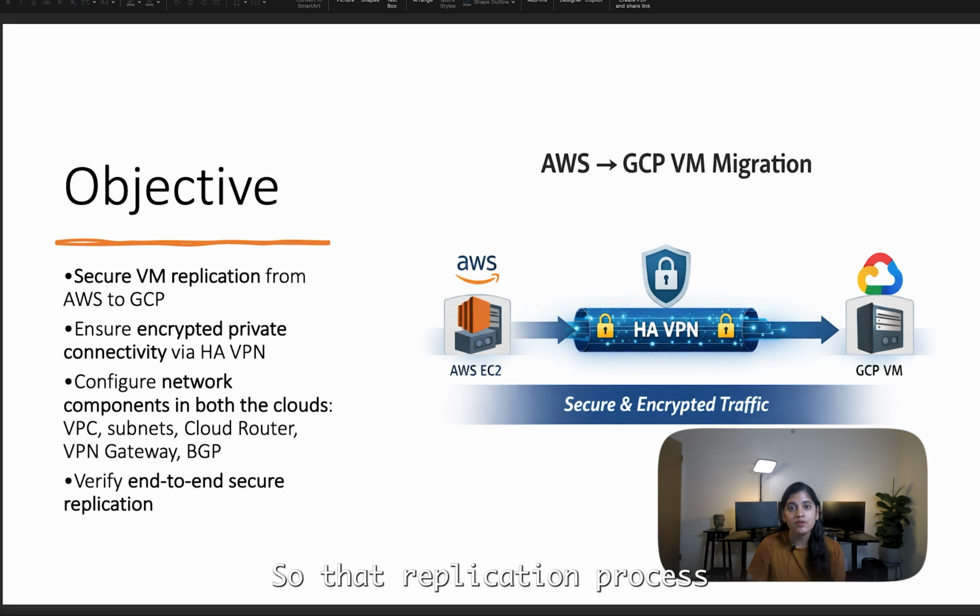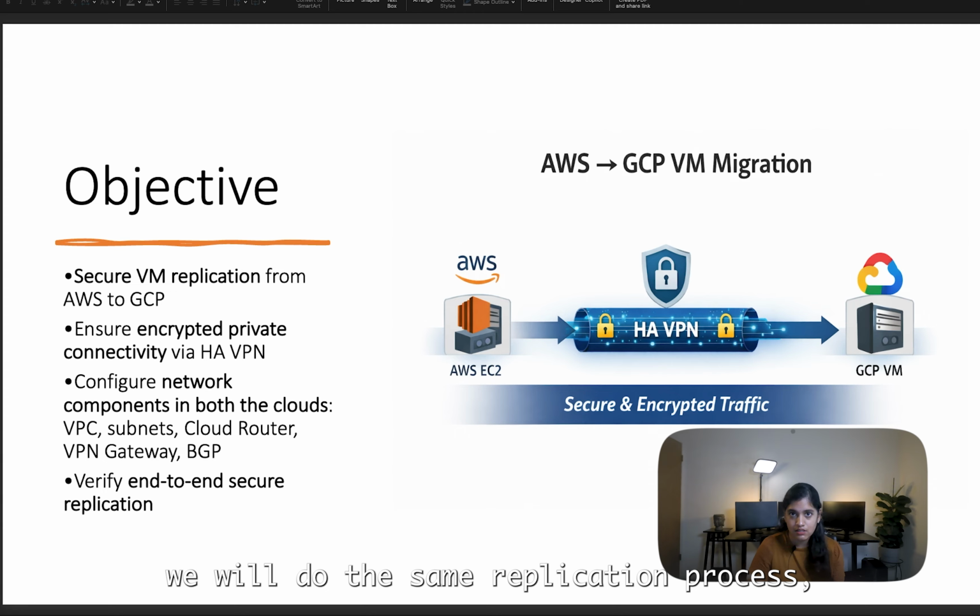That replication process in the earlier video was done via the public internet. But today in this video we will do the same replication process, but the packets will be moved in a secured way, which is in the tunnel that we establish using the VPN setup.